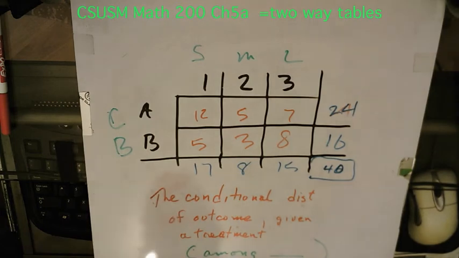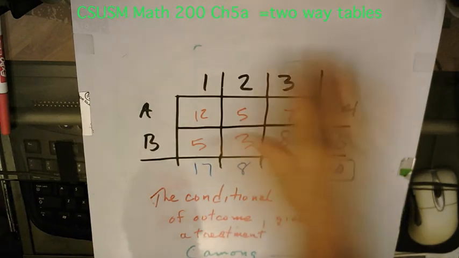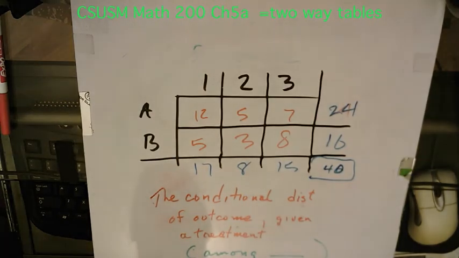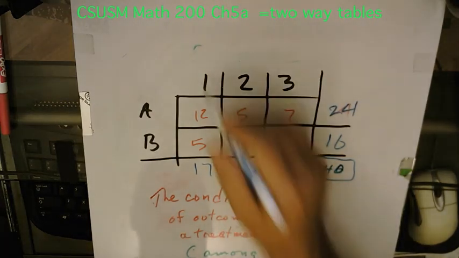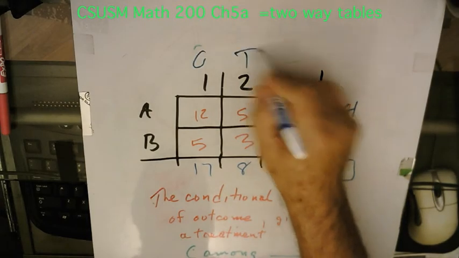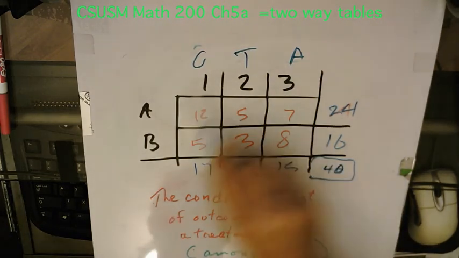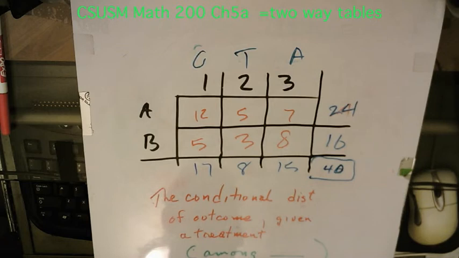Now, A and B could be some kind of treatment here, and then this category could be age groups, child, teen, and adult, something like that. So they're not measurements, they're categories of information. That's one of the key things about the two-way table that we need to look at.